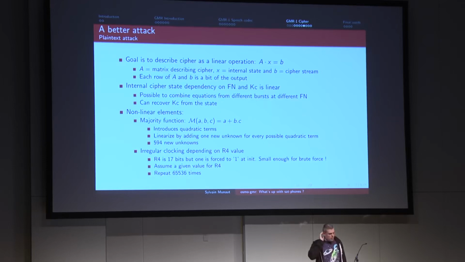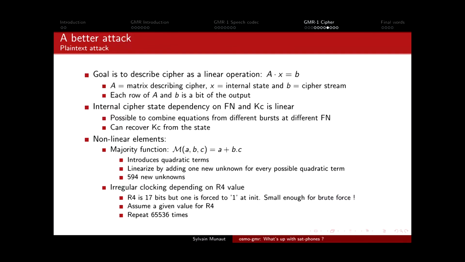Okay, so how do you build a plain text attack? The general goal is to build a giant system of linear equations that you can solve. It's going to have the form A multiplied by X equals B. B is the cipher stream that's generated by A5/GMR-1.